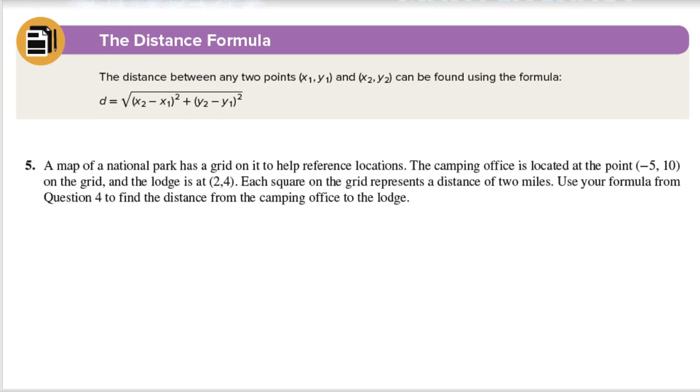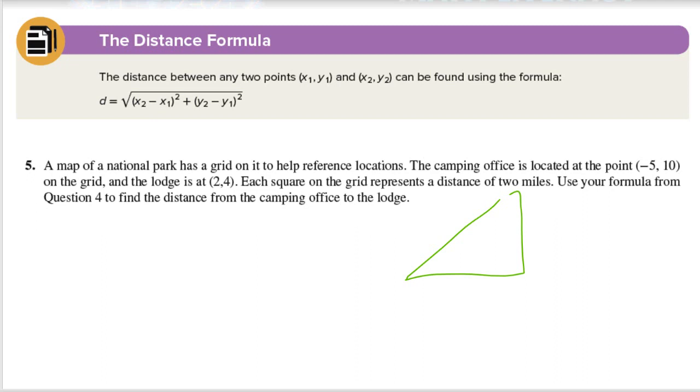When you look at a map, north is up. So north and south are in the y direction. East and west are in the x direction. So we'll use our formula now to find the distance between the two places.